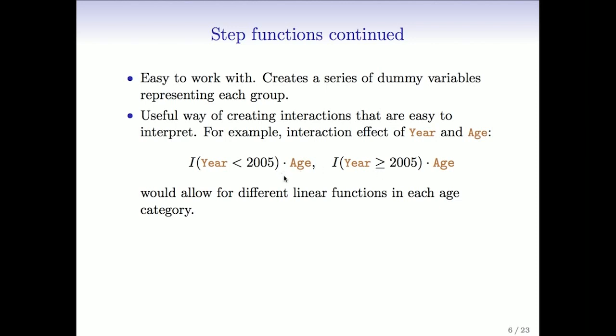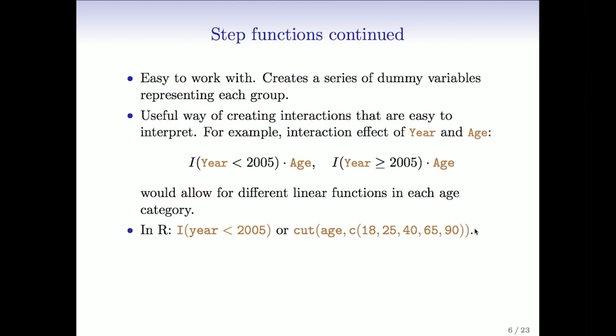And then if you multiply that with age, what you've done is create an interaction. And that'll fit a different linear model as a function of age for people who worked before 2005 and those after 2005. And visually, that's nice.